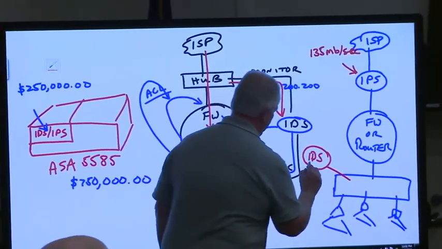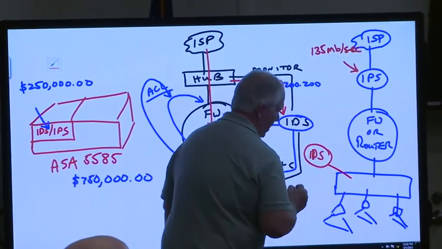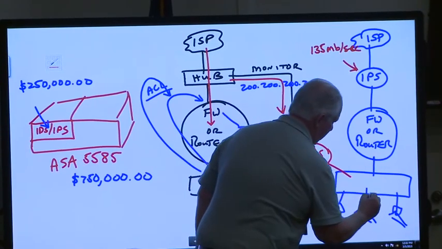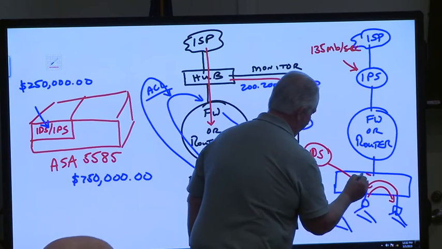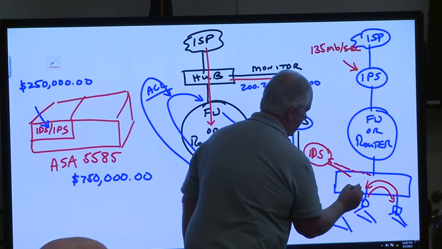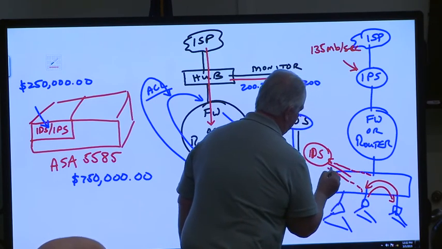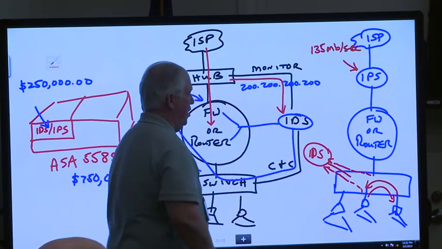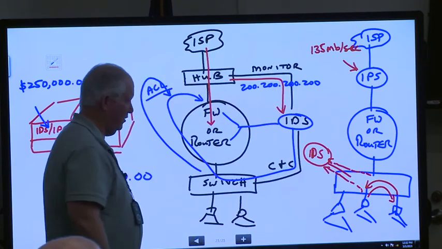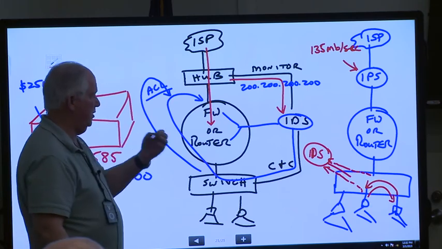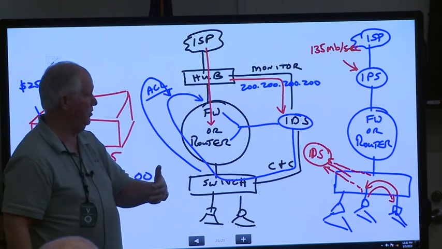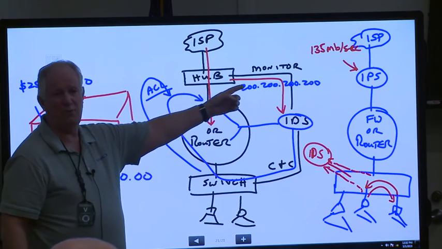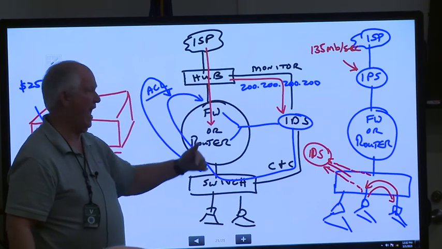So that's a D, not a P. So that's an IDS. So if these guys right here are launching attacks against each other, copies of their traffic will flow up here. And we will let the IDS know that they're attacking each other, but there's nothing we can do about it. Your intrusion detection, remember, is passive, whereas my intrusion prevention is active.